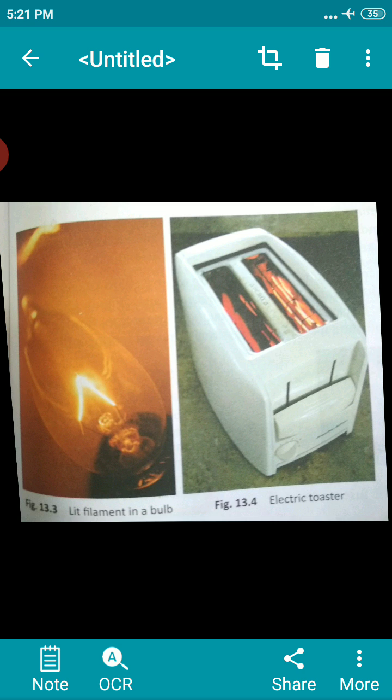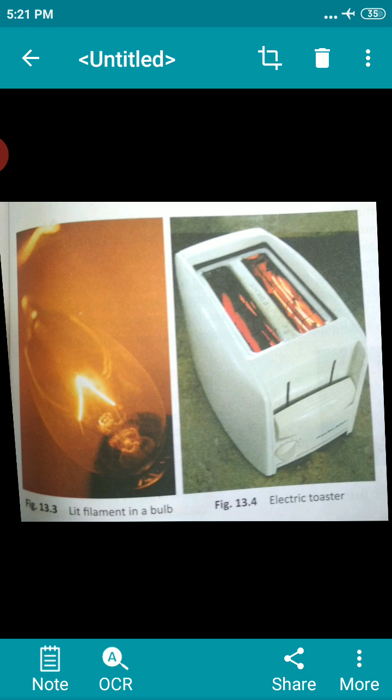The amount of heat produced in a wire depends on its material, length and thickness. Thus, for different requirements, wires of different material and different lengths and thickness are used. The wires used for making electric circuits do not normally become hot.